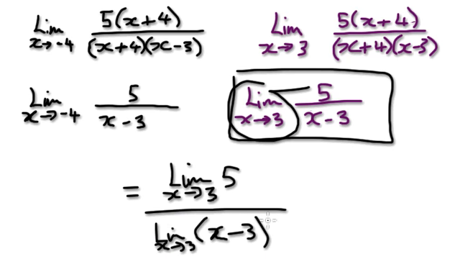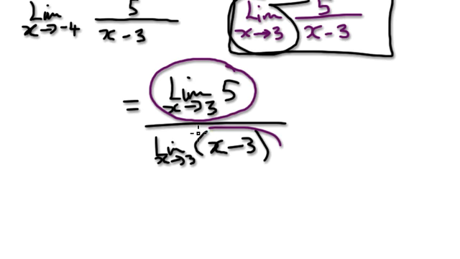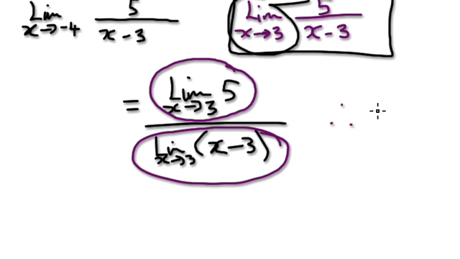Well, the limit of 5, well, there's a theory that says that whenever this here has a limit other than 0, and this here has a limit of 0, then you will know that the limit does not exist.